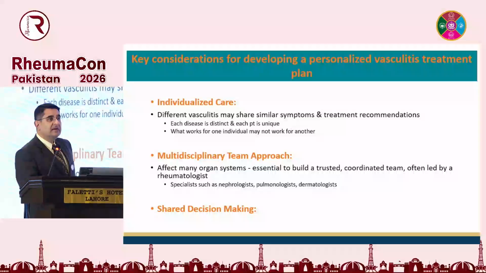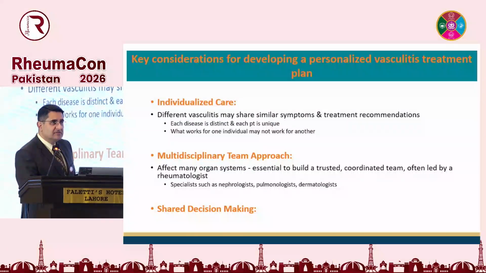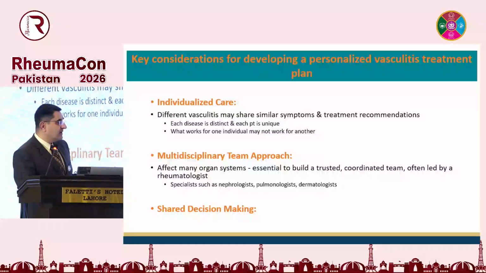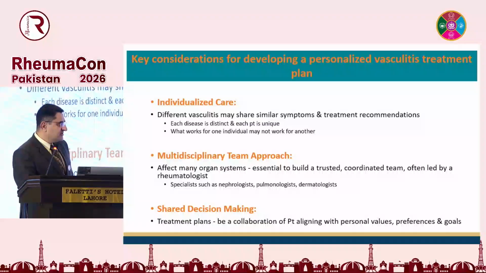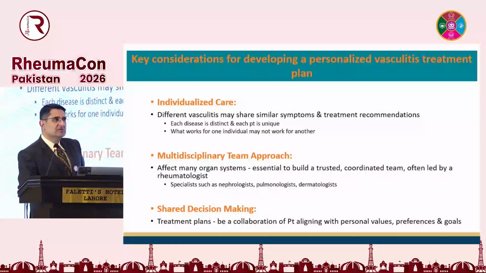There is also a need for a multidisciplinary approach. Rheumatologists along with nephrologists, dermatologists, and pulmonologists are an integral part of successful treatment. And there must always be a shared decision with the patient, because the patient's goals and preferences are the most important things.